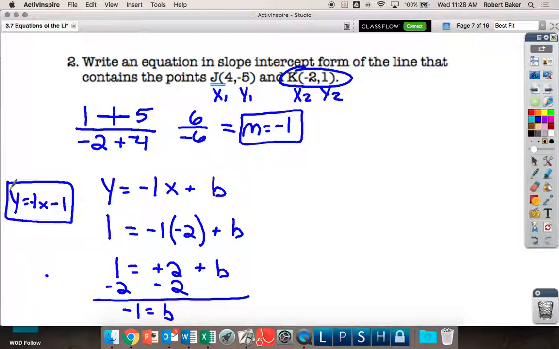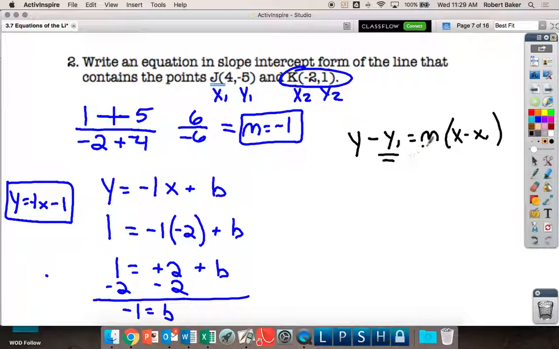Earlier I asked, do you have enough information to write a full equation? You did. What form would you have written it in? The point slope formula: y minus y1 equals m times x minus x1.